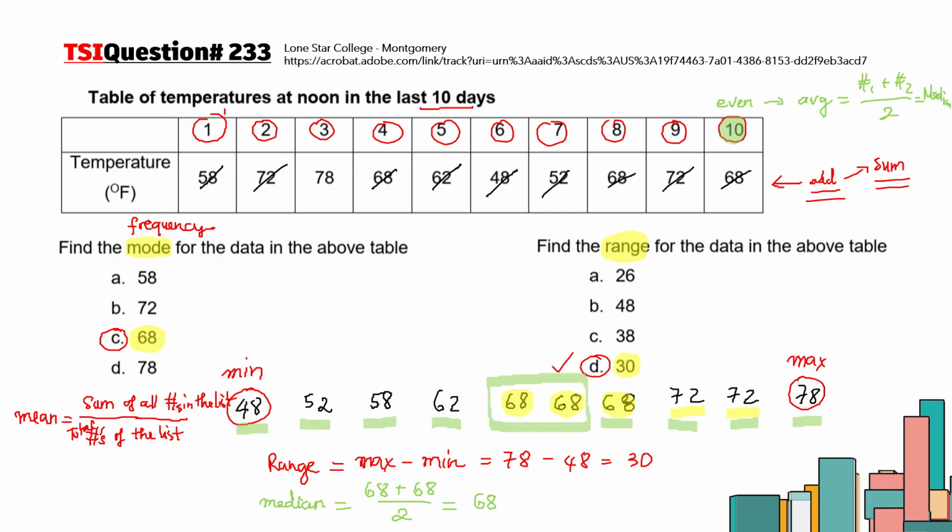If it is odd, it's easy because that is exactly the middle number.